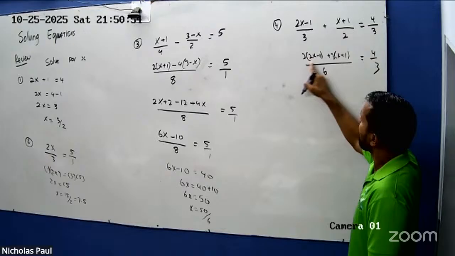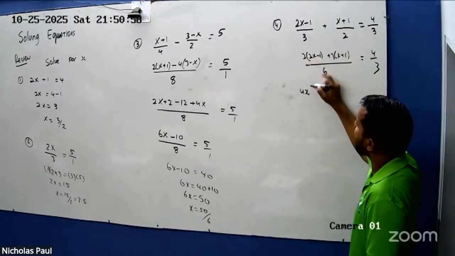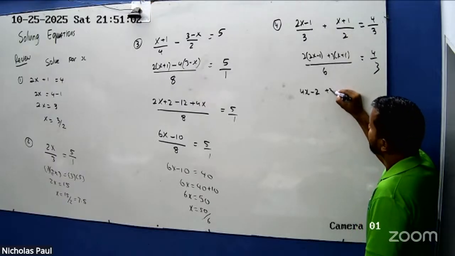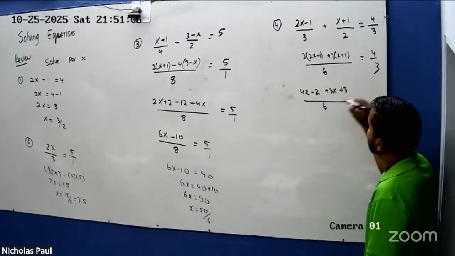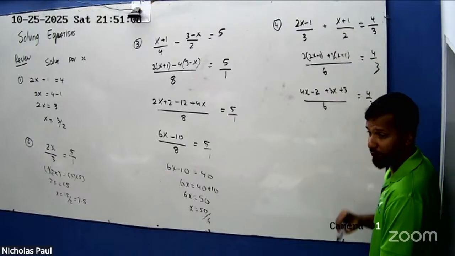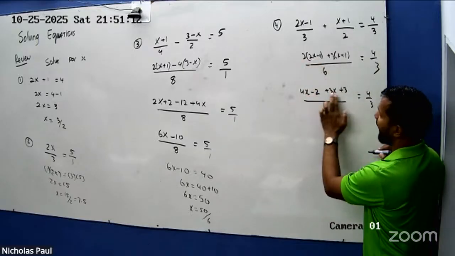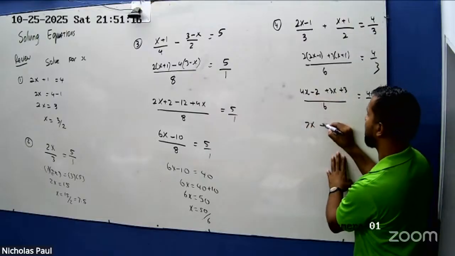Now multiply it out. 2 by 2x is 4x. 2 by minus 1, minus 2. Plus 3 by x, plus 3 by 1, all over 6. Everybody okay with that? 4x plus 3x is 7x, minus 2 plus 3 is plus 1.